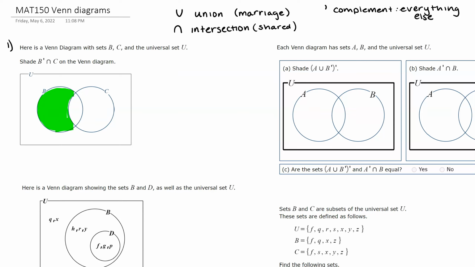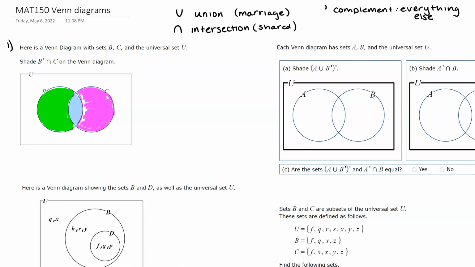So the set B has 2 rooms, right? It's got a green room and a blue room. The set C has 2 rooms, that blue room, which it shares with B.